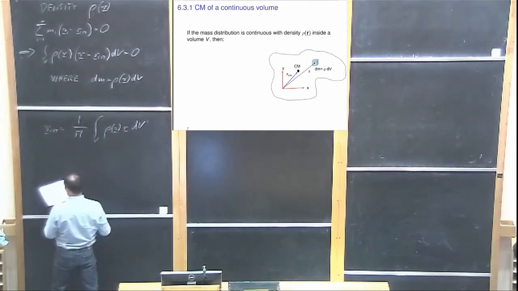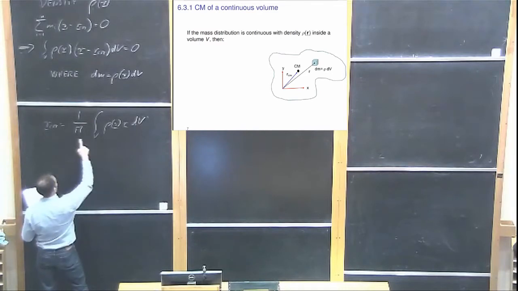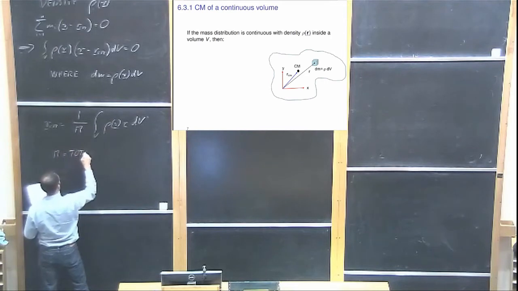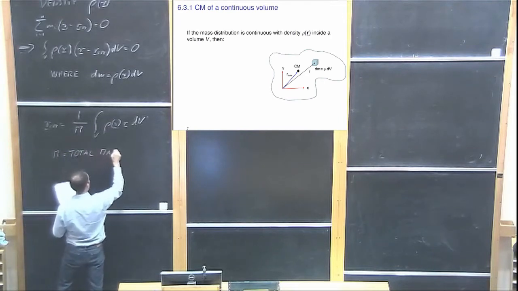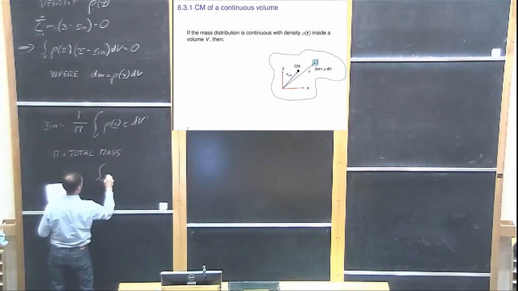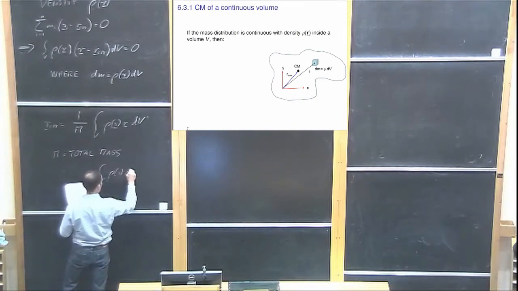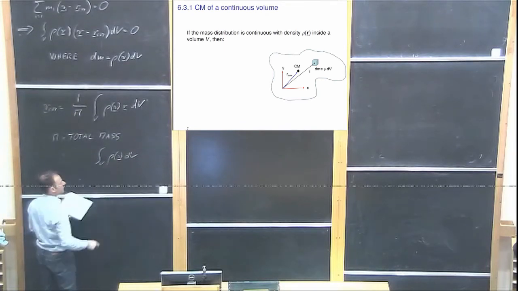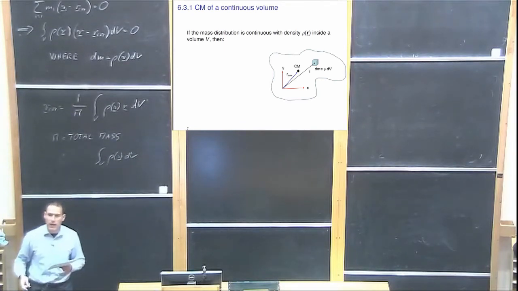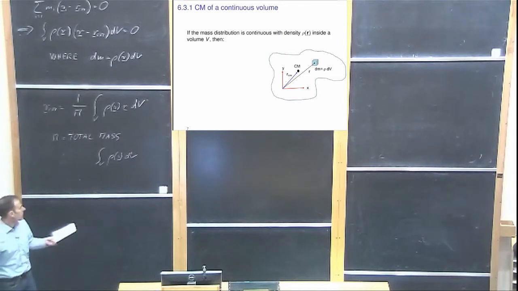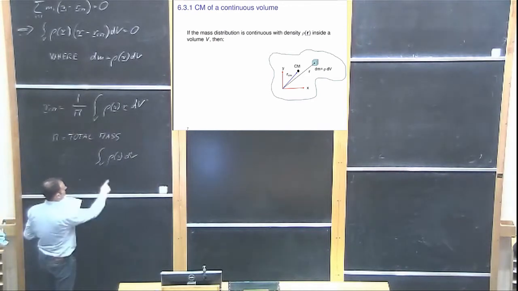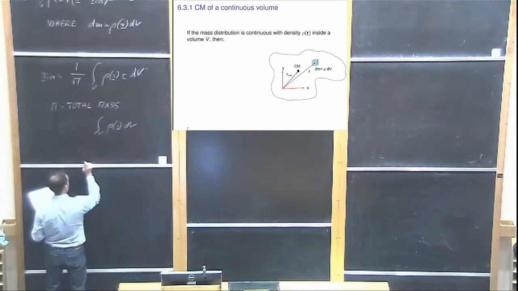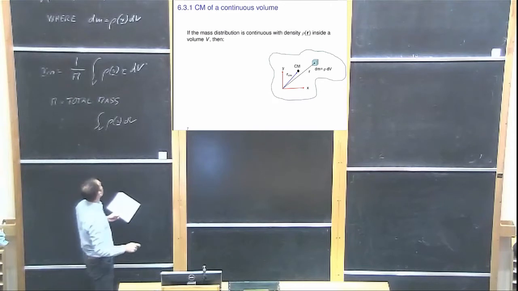And it's probably not surprising, well, this M equals total mass, and that's what you get, the integral over volume of rho(r) dV. So if you just sum up, similar to the sum of all infinitesimal masses that there are, if we integrate up over the volume all the density times the volume, we end up with the overall mass of the system.